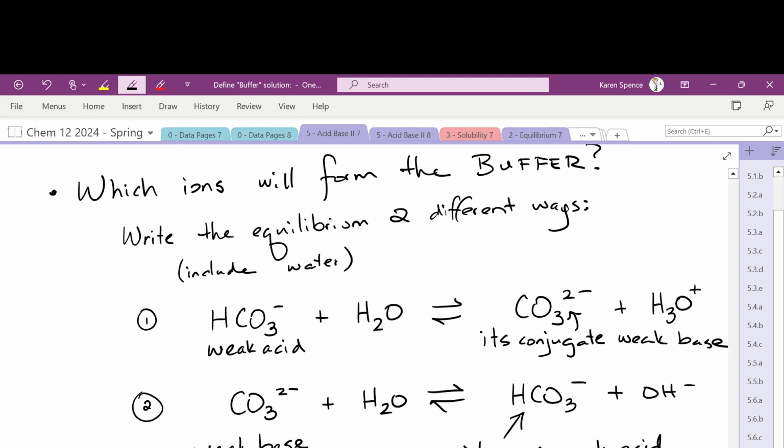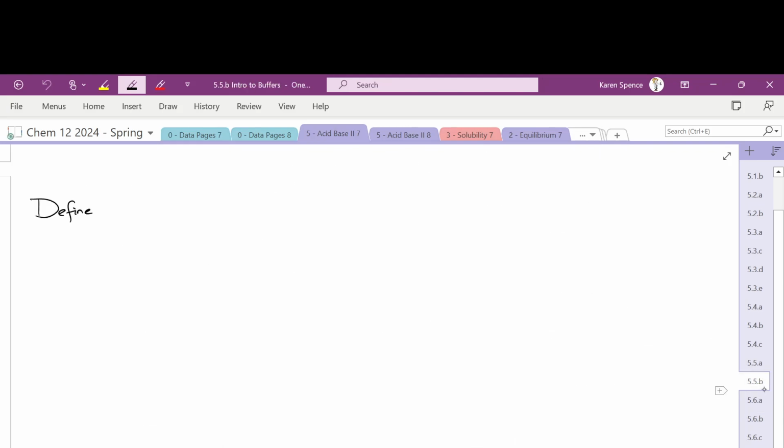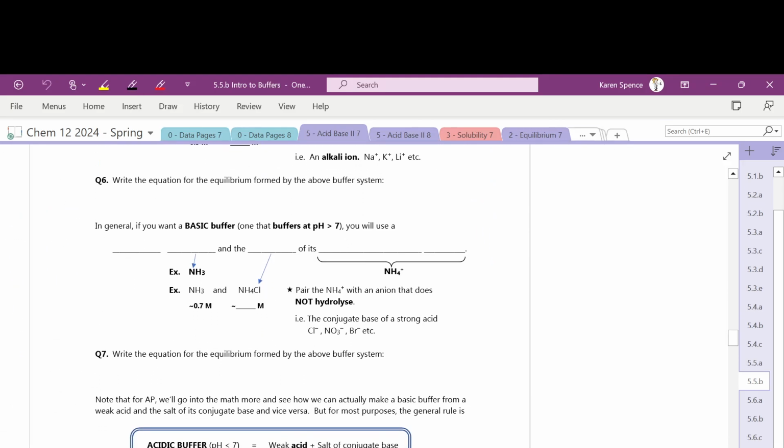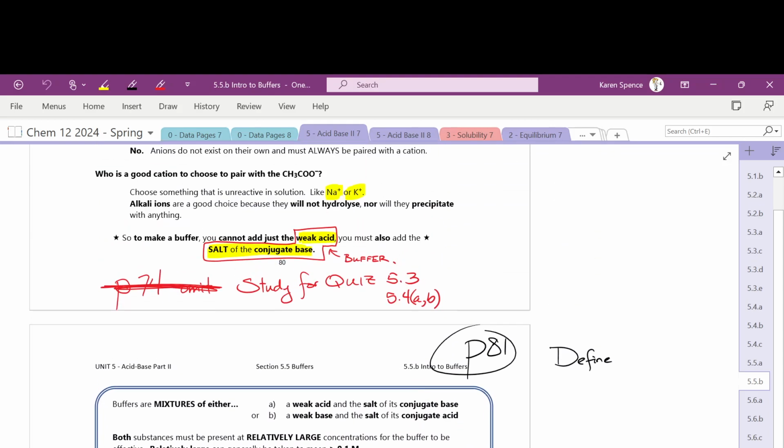What we're going to do is go back to 5.5b, and we're going to go to page 81.